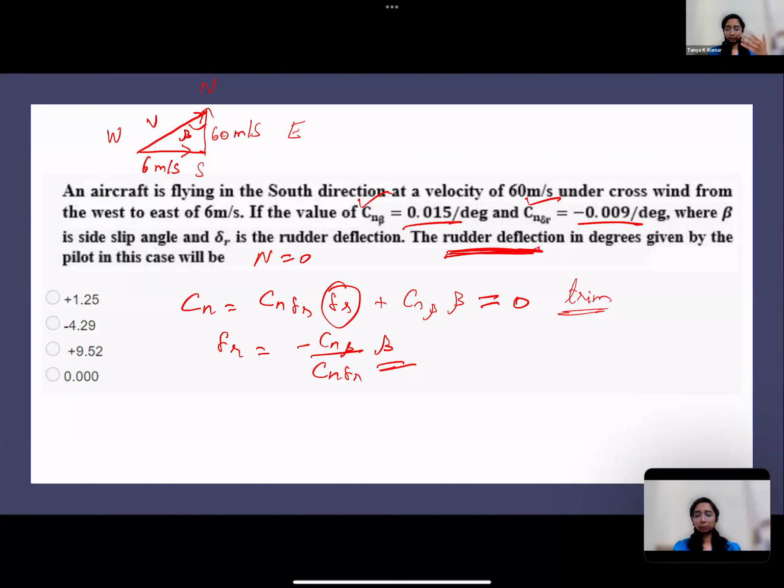Simple tan theta, just tan beta, write the equation for tan beta and you can find it out.